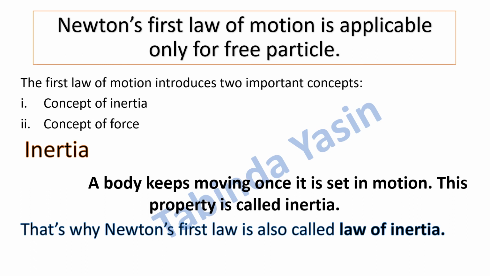The same goes with the state of rest: if it tends to remain in the same state, that is inertia. That's why Newton's first law is also called the law of inertia, because he stated that the body will tend to remain in the same state, whether it was at rest or in motion.